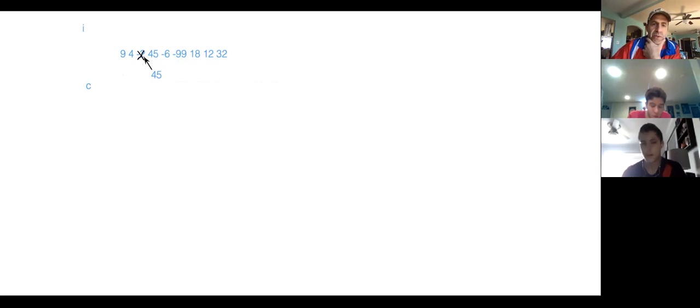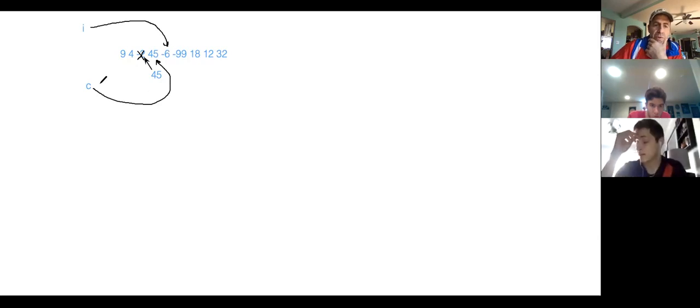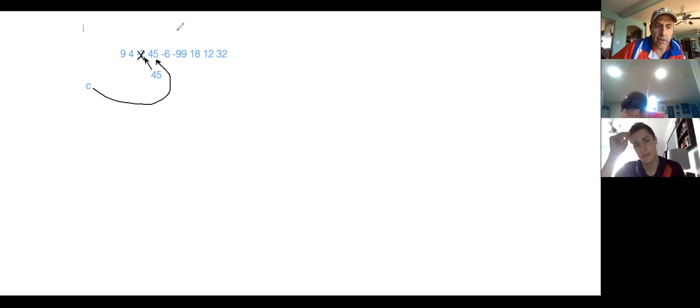So hopefully you can start to see the pattern. I is going to be pointed at that, and C is going to be pointed right here. We're not incrementing C because A sub I is negative, so we're going to increment I to there, and to there.